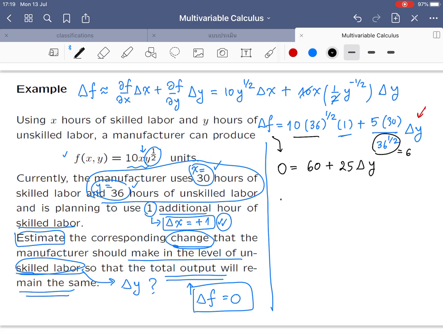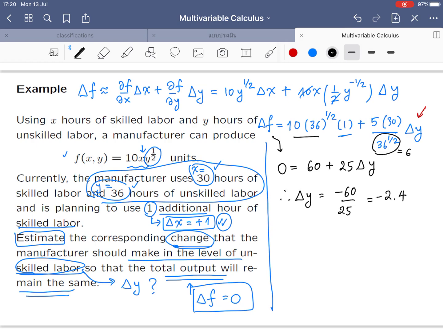Delta y is negative 60 over 25, and this one is 2.5, I mean 2.4.